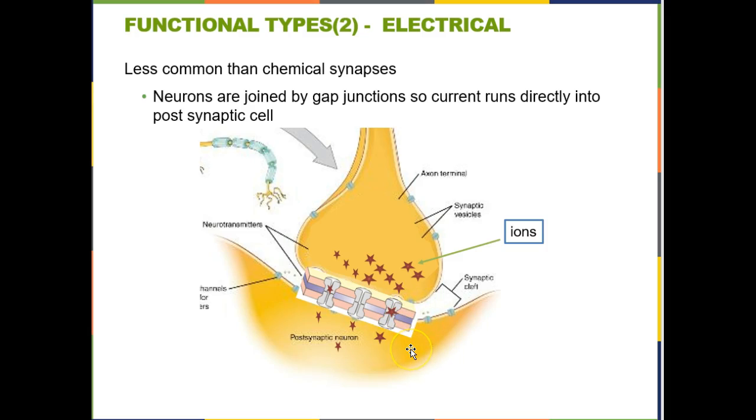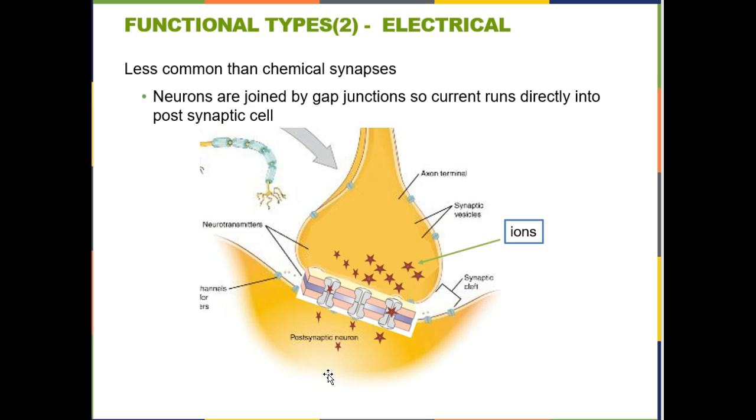This is just an image of gap junctions I stole from somewhere because our book doesn't have a good picture of an electrical synapse. So these are channels in one membrane that butt up against channels in the other membrane, forming pores, so that instead of dumping neurotransmitter onto the postsynaptic neuron to open ion channels and let ions flow through, ions can flow directly from the presynaptic neuron into the postsynaptic neuron.